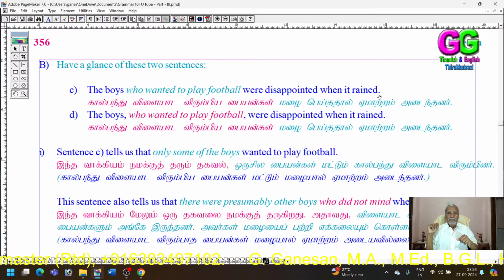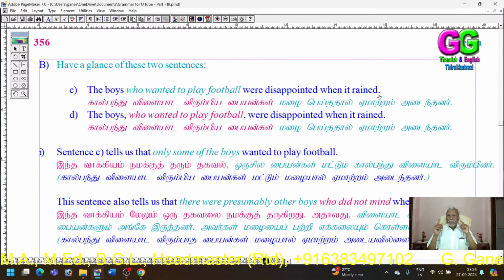Another meaning: other boys who were not interested in playing football did not get disappointed when it rained.